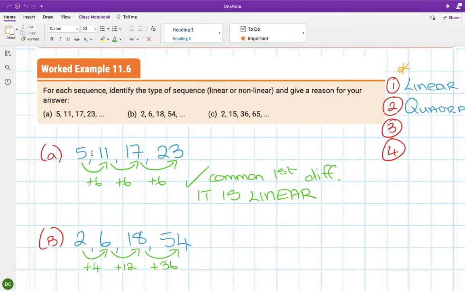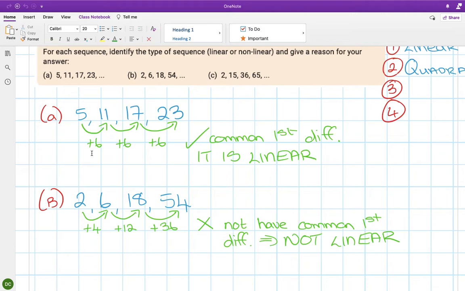Okay, so we do not have a common first difference. So it is definitely not linear.